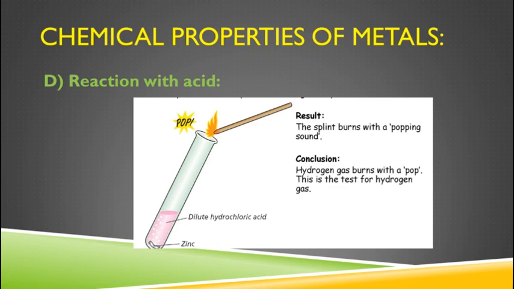Take a glowing splinter near the mouth of the tube. What is a splinter here? It is a small piece of wood which is lit with fire. Observe the glowing splinter. You will notice some sound coming out from it. Most of the metals react with the dilute acids to form metal salts while hydrogen gas is released.